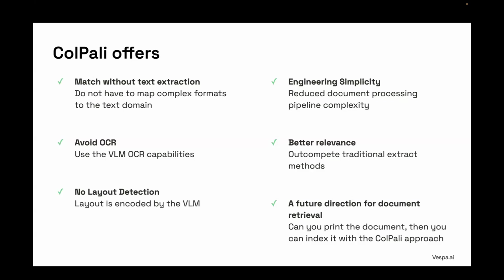So every time you get a new vision language model, you will probably adapt it to new models that can do retrieval accordingly. So it's a direction. It's not like this model will be the one that solves this problem, but the method that was introduced here, we think is quite revolutionary.